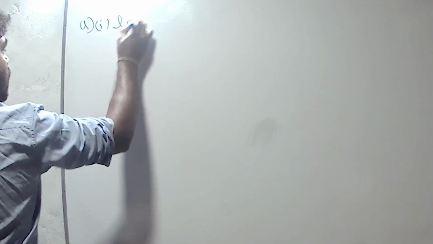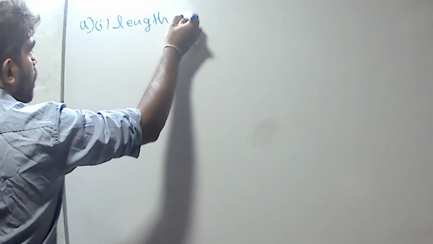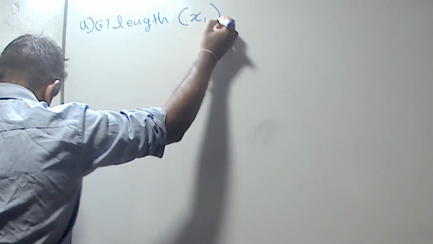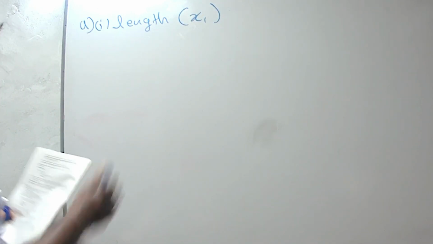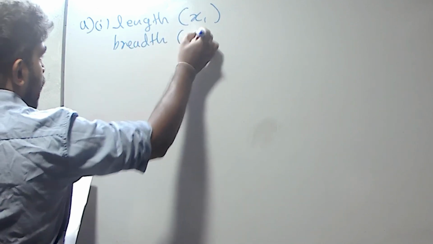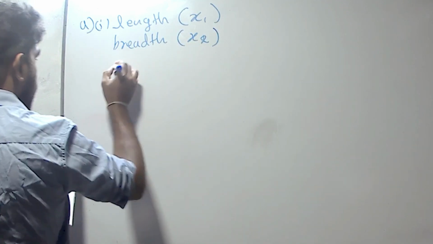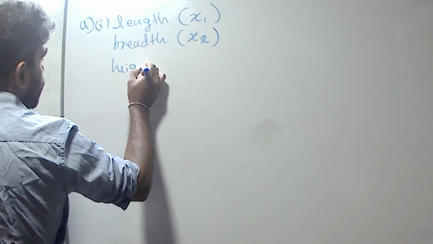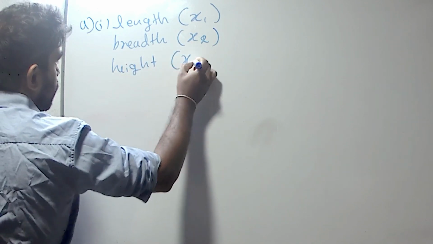Then we can get the answer for A part 1. Length is given as x1, breadth is given as x2, and height is x3.